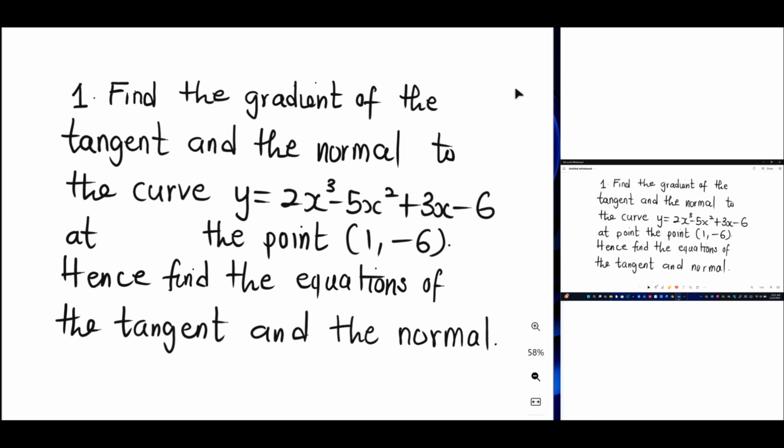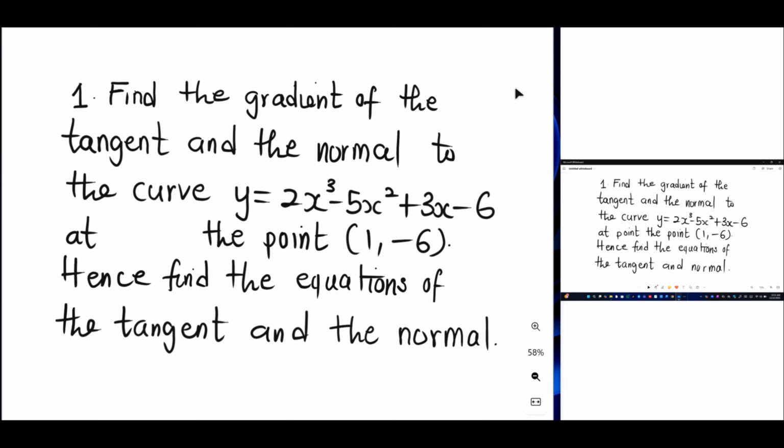The first aspect of the application is the gradient of a tangent to a curve and the gradient of a normal to a curve. In our first lesson on the application of differentiation, we learned that when you have a curve and a line touching the curve at just a point, that line is termed a tangent.